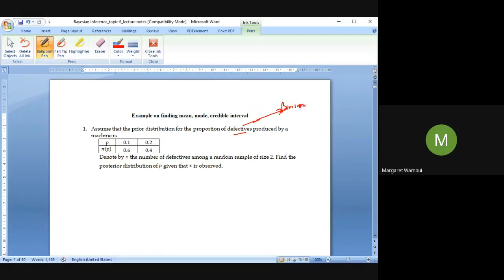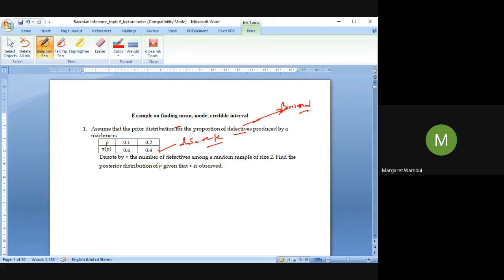So if the data is binomially distributed, and then you are given whatever kind of a prior, like now this one, the prior here is a discrete case, meaning here both cases are discrete. The data is discrete, the prior is also discrete. So we'll handle that one.